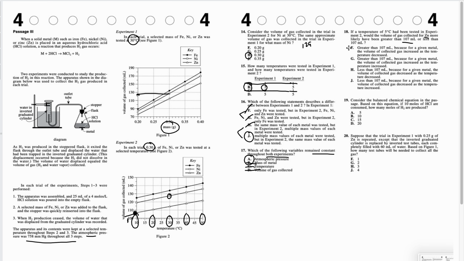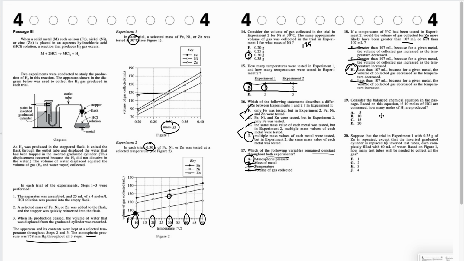So it's not greater than 107, both of them will be less. Because for a given metal, the volume of collected gas decreased as the temperature decreased. So as the temperature goes down, the gas volume also goes down. That is correct. J says the volume of collected gas decreased as the temperature went up. That is not what's happening, because as the temperature goes up, the volume also goes up. So J is incorrect. H has to be the correct answer.